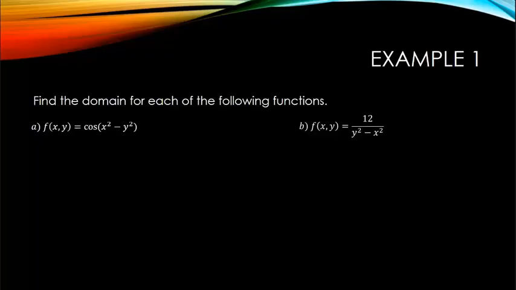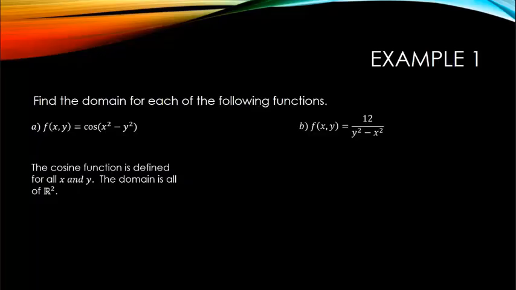In the first case, f of x, y is equal to the cosine of the quantity x squared minus y squared. Note that my cosine function is defined for all real values of the argument. That means that for all real values of x and y, my cosine will be defined. This gives me a domain of all real numbers in two-dimensional space, or I might state that as all R2.